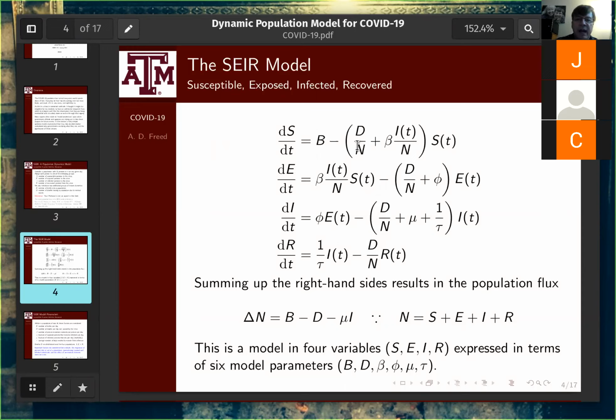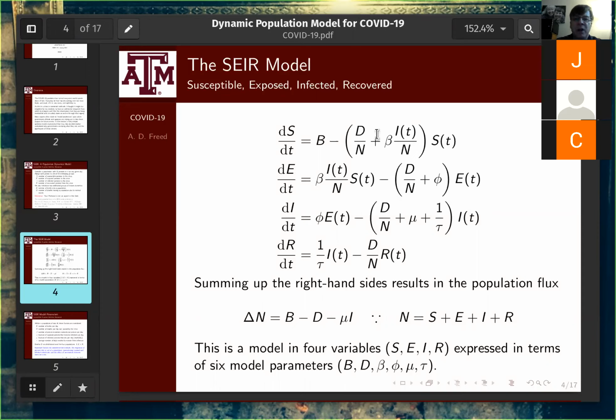And the reason for that is when I add these equations, I have d over n times s, d over n times e, d over n times I, d over n times r. Well, s plus e plus I plus r is equal to n. So when I add all these up, that sum on s, e, I, and r cancels with the n, and you're just left with d. That's how d comes about here.